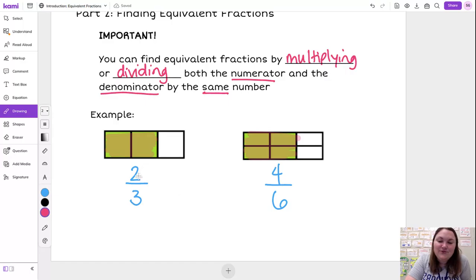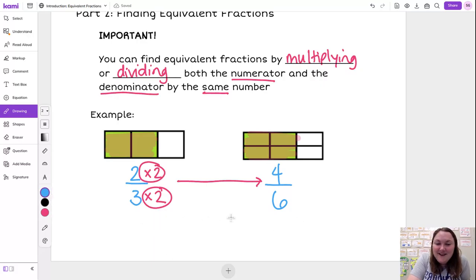So notice 2 and 4, 3 and 6. I'm noticing that I could multiply both of those numbers by 2 and get this fraction. This is one way you can make equivalent fractions, by multiplying both the numerator and the denominator by the same number.